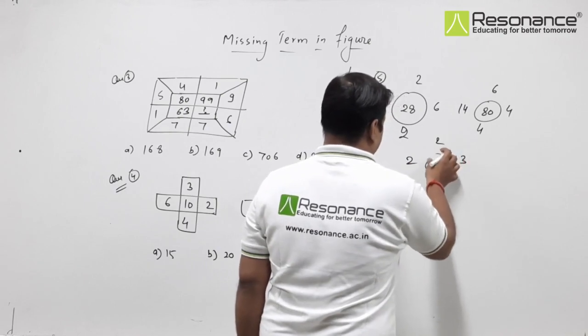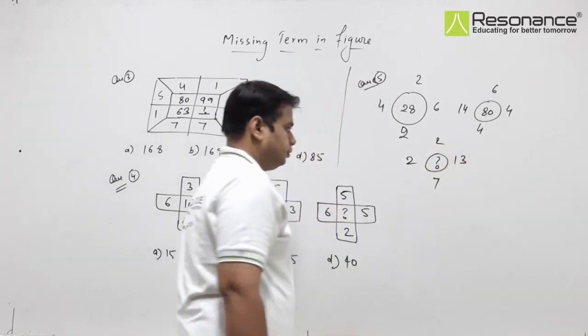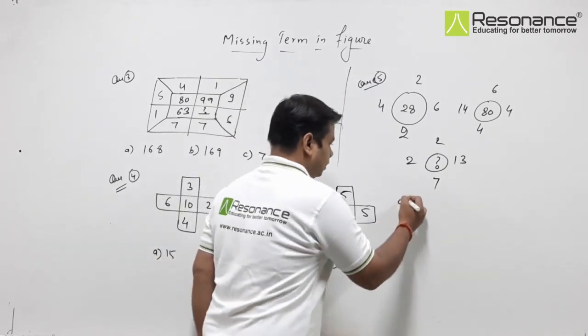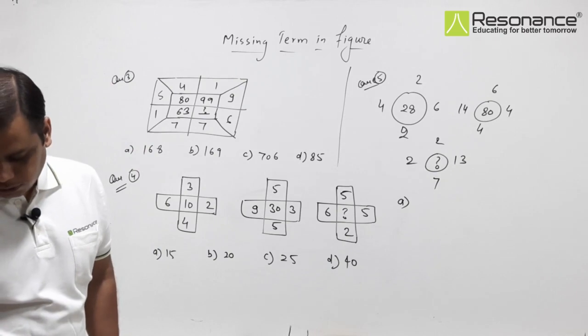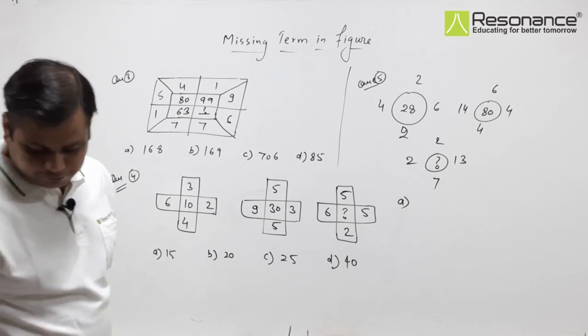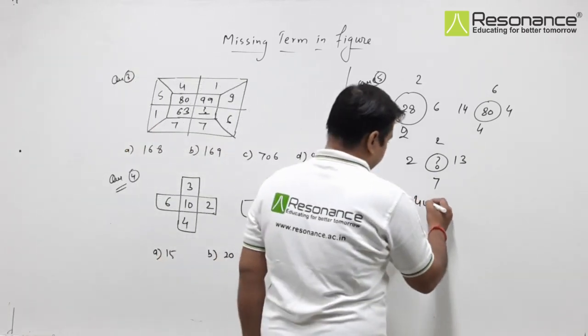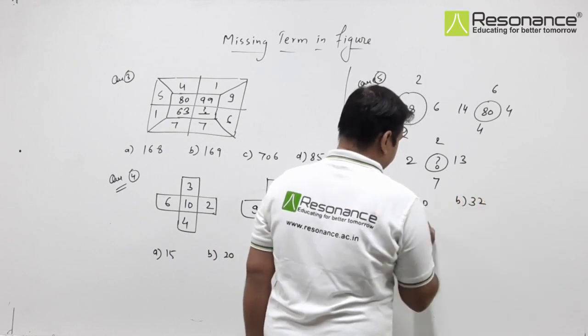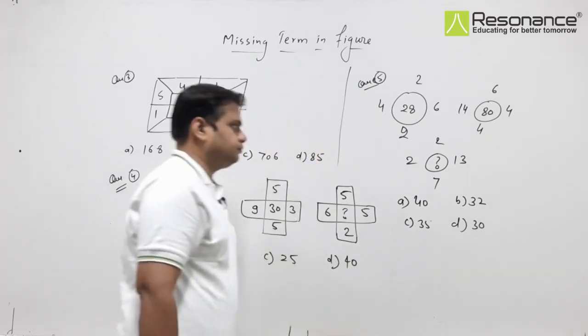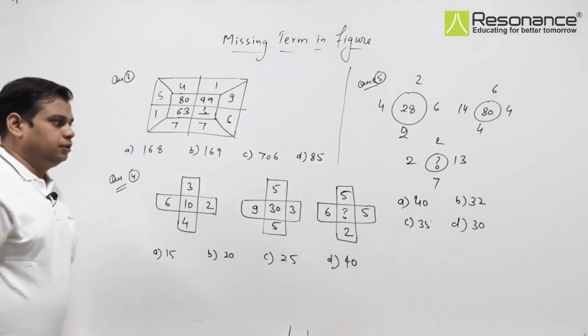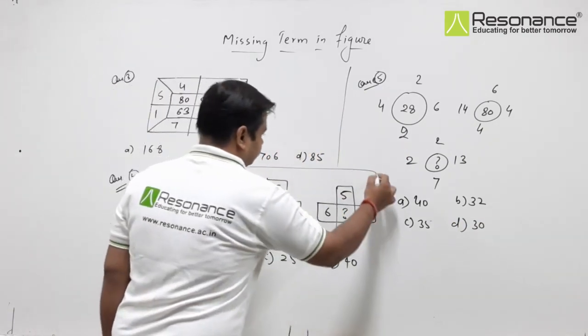We have to find this number. The options are 40, 32, 35, 30. So we have to solve these questions.